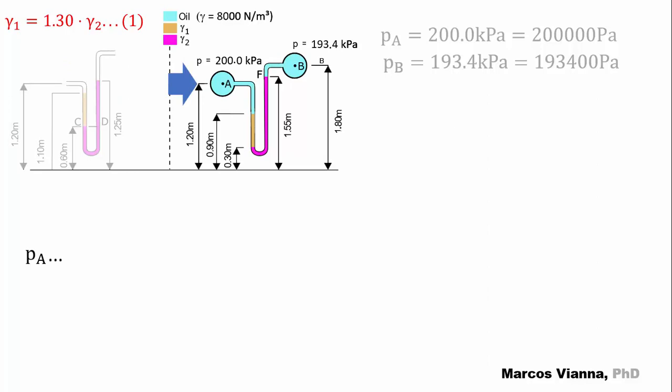Now, let's go to the configuration where the points A and B are linked to the manometer.